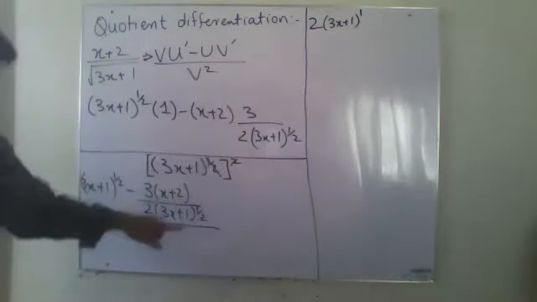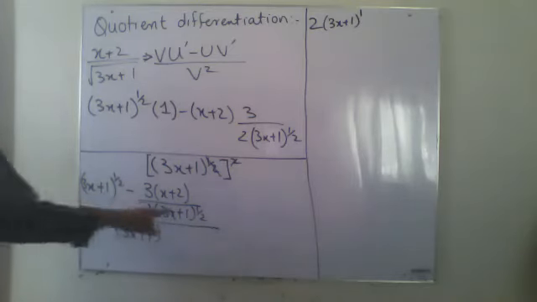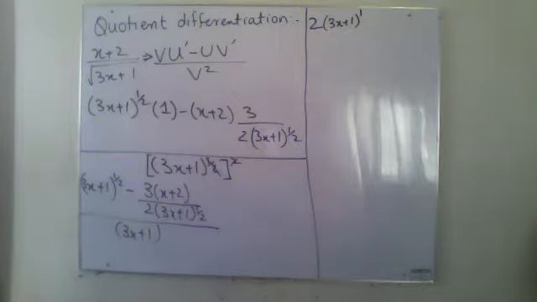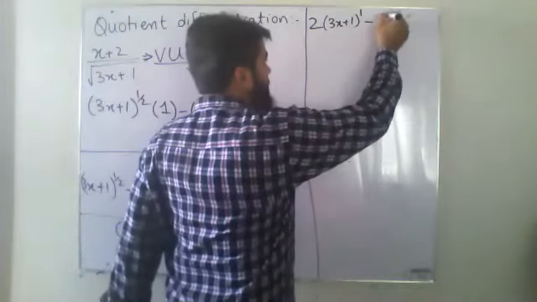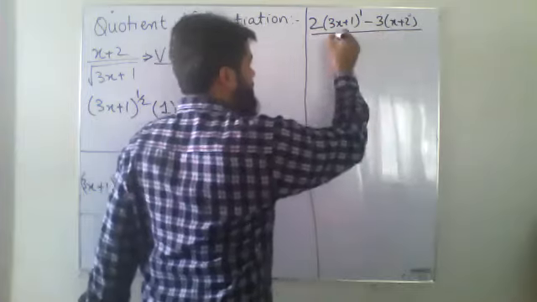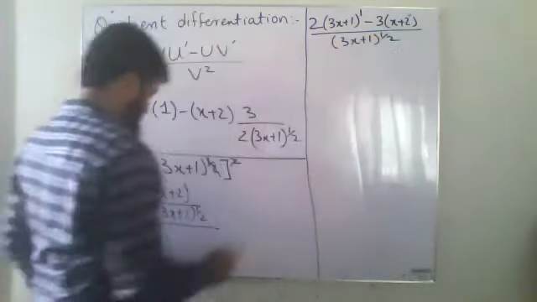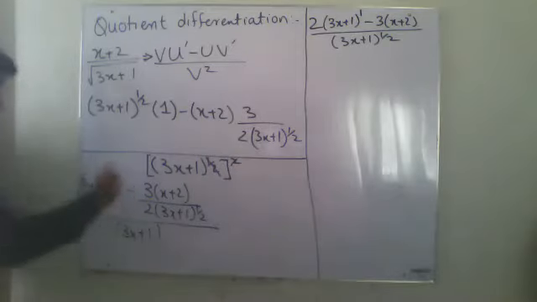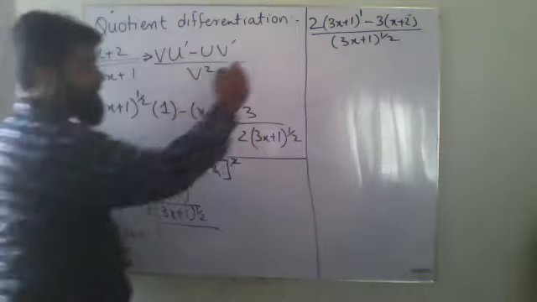When same bases are being multiplied, powers will be added, half plus half will become 1. So I've written 1 over there, minus 3x plus 2 upon 3x plus 1 power half. I have completed this part over here. What's remaining?